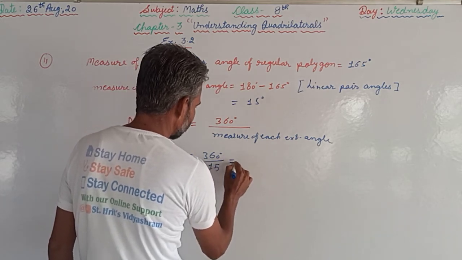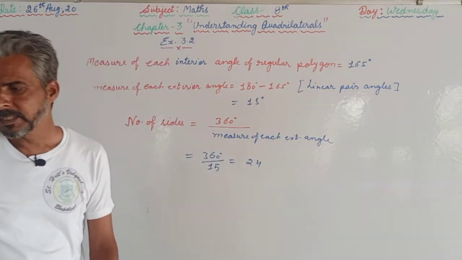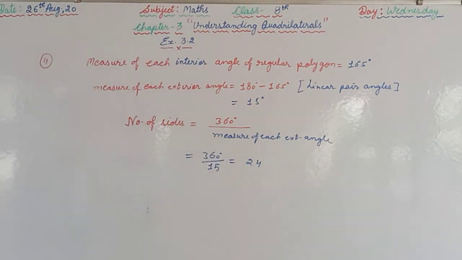So 15 twos are 30 and 15 fours are 60, means that regular polygon will have 24 sides. So like this we are supposed to proceed the questions given in this exercise.